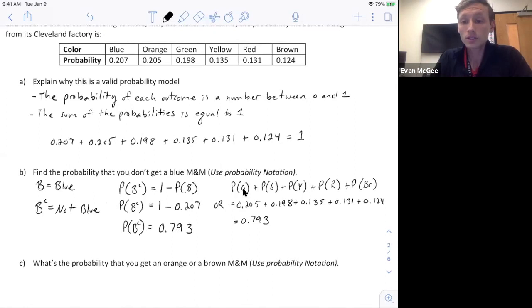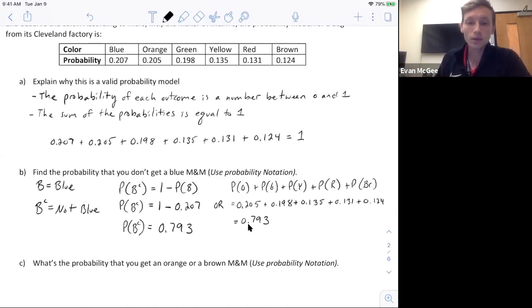The other way to do it, as I've shown over here, is the probability of getting orange, green, yellow, red, or brown: just add up their probabilities. Since they are mutually exclusive events, we can use that rule because you can't get a blue and an orange at the same time. The probability of that happening is 0. So add up those and you get the same exact probability.